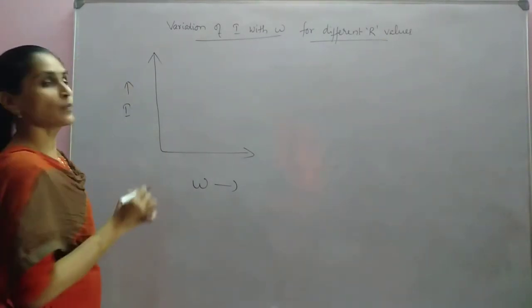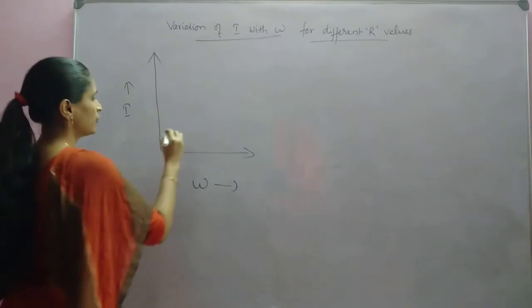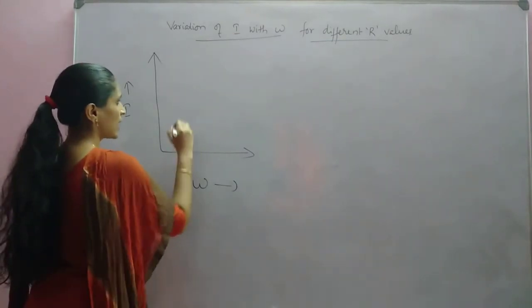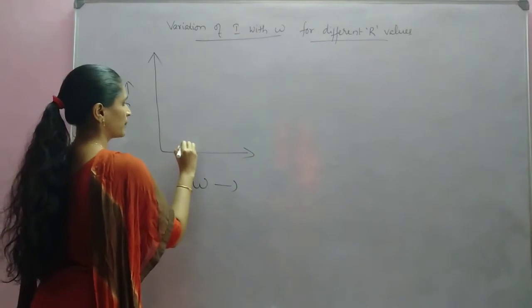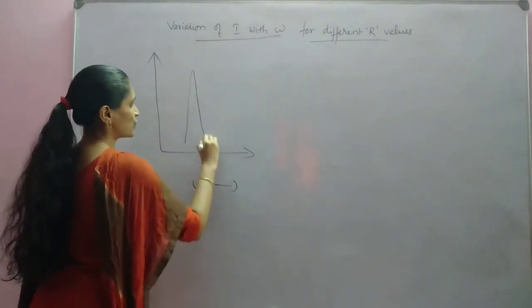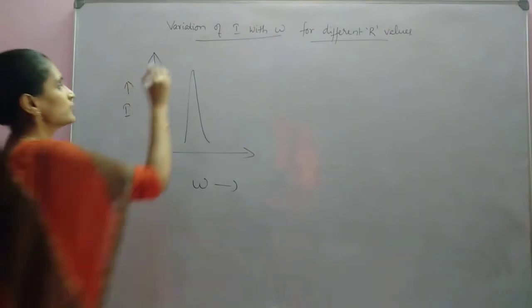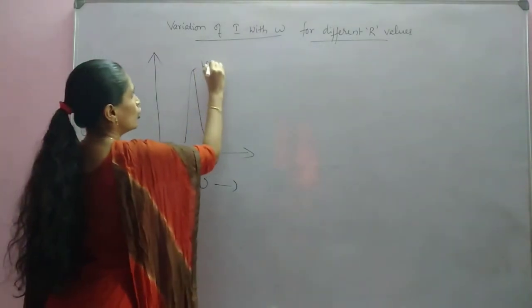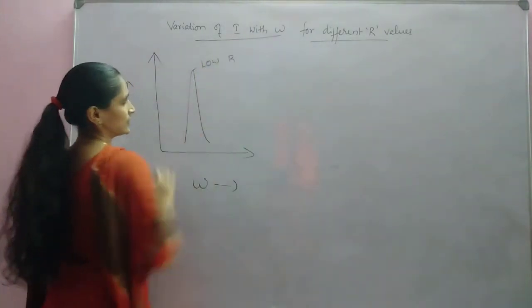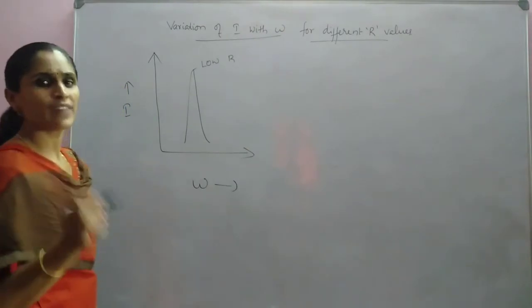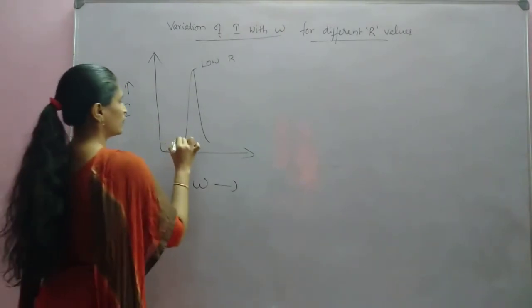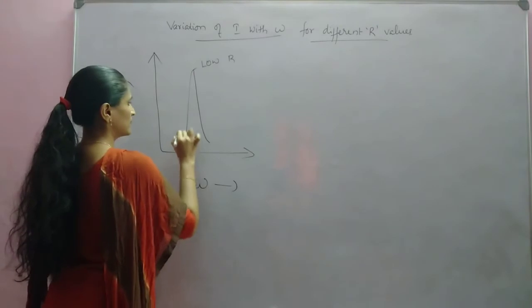If it is a very small resistance, the graph will be very big. The sharpness will be more, and this is for a low value of resistance. If it has a medium value, the graph will be a little bit wider.